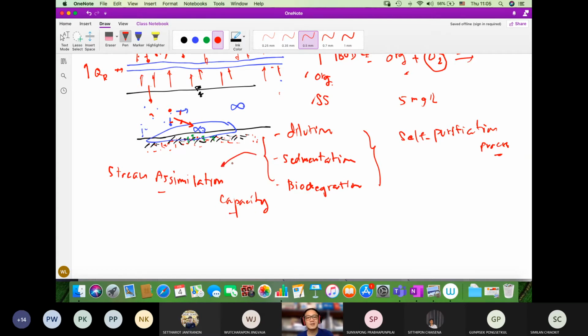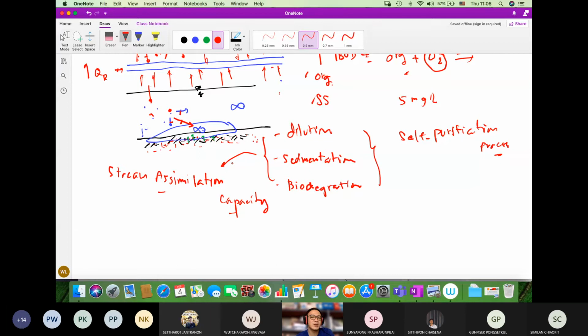So if the dilution is high, then they have more capacity. If they have large areas for sedimentation, then they have higher assimilation capacity. If they could provide more oxygen exchange between the atmosphere and the water body, then that stream has more assimilation capacity.